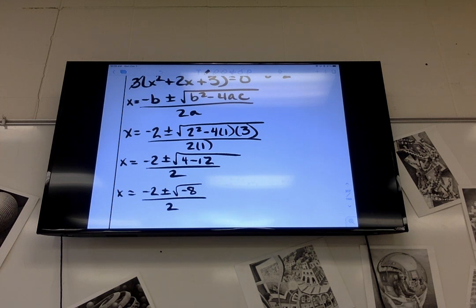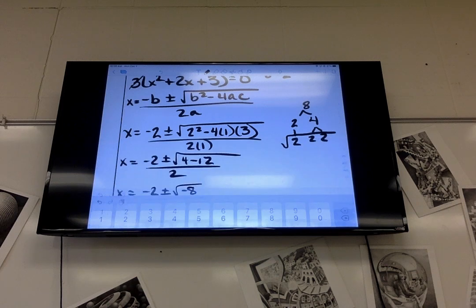There are so many different ways to break these down. You can use a little tree diagram. Break it down into 2 times 4, and 4 breaks down into 2 times 2. So when you do a square root of that, anything you have 2 of, you can get out of the square root.